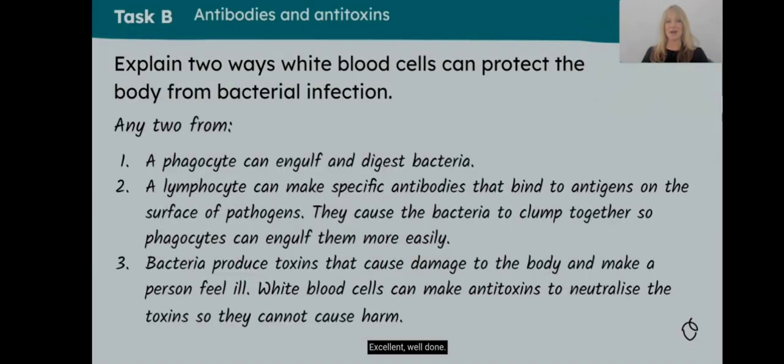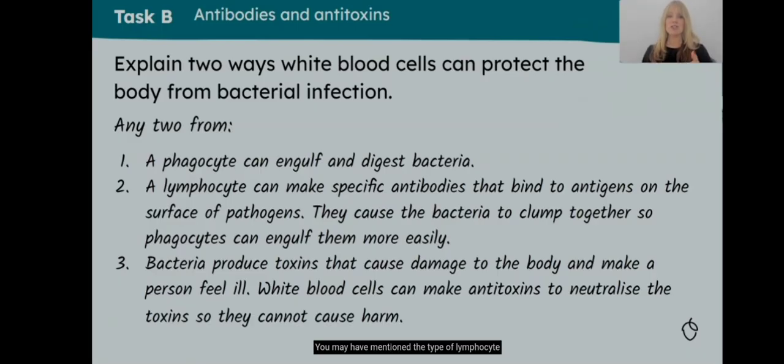Okay, excellent, well done. Let's go over these answers then. So you can choose any two from. First of all, we've got a phagocyte, and a phagocyte, what they can do is engulf and digest the bacteria. You may have actually mentioned the enzymes there as well that actually do that digesting inside the little vesicles.